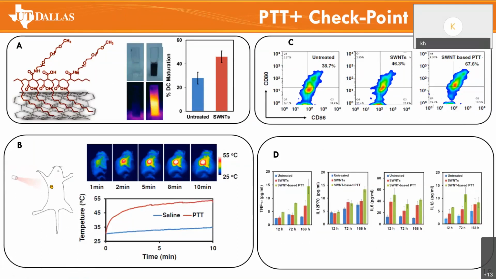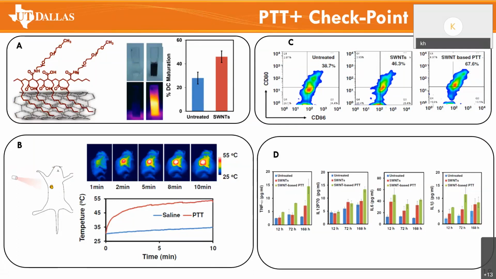But first they showed that single-wall carbon nanotubes by themselves, without any radiation, have an immunological response and can activate dendritic cells and also release cytokines. Here you can see the dendritic cell maturation with single-wall carbon nanotubes compared to the control. But they also found that this response is not strong enough to inhibit tumor growth by itself.